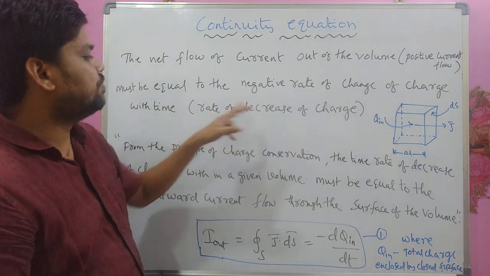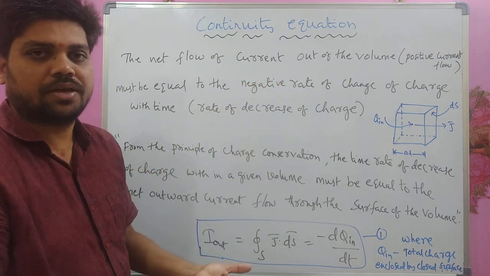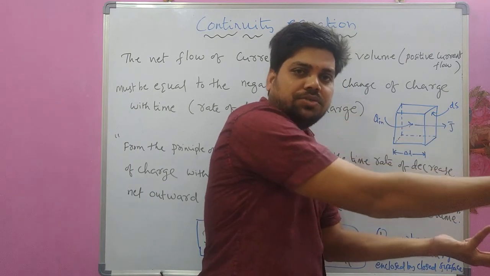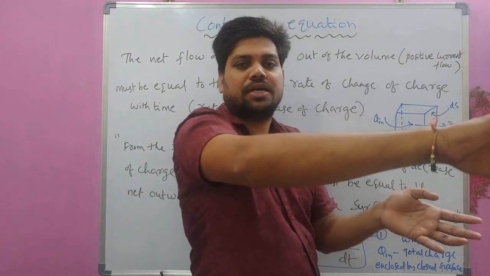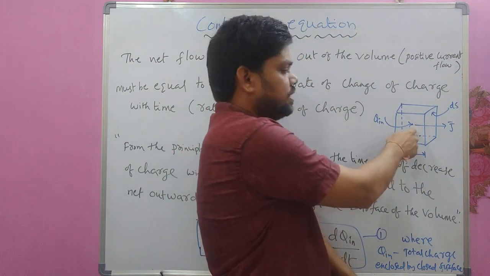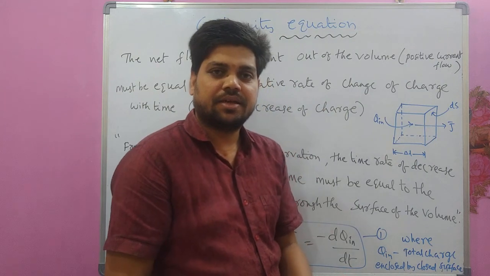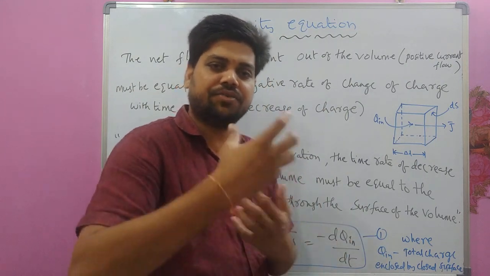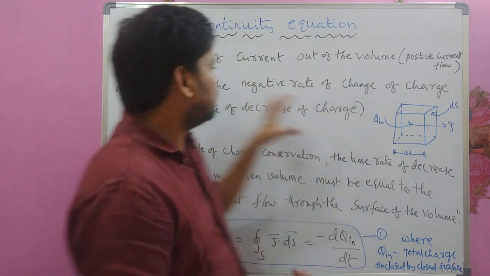Negative rate means decrease. The charge is flowing outside, which is positive current flow, which means the charge is decreasing inside. Q in is decreasing, so minus dq by dt, the negative rate with respect to time. That is what this statement is.